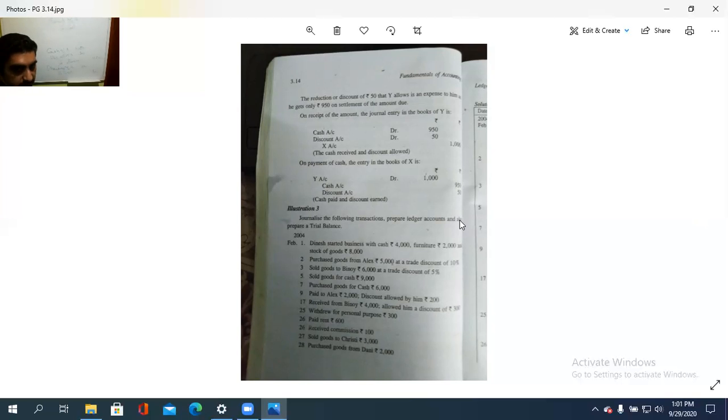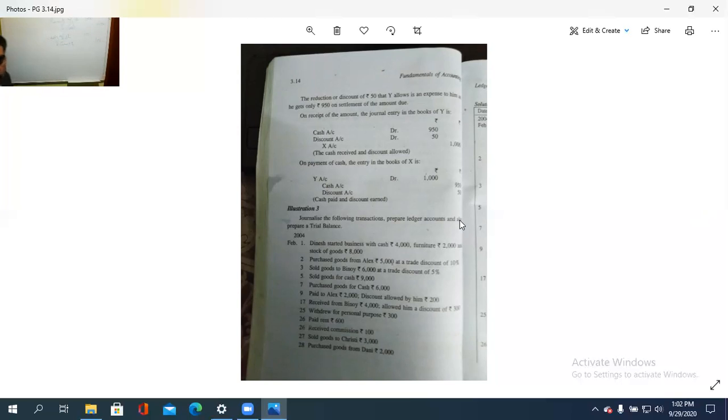How much is it? 600. Then received commission. So cash is received in the form of commission. So cash account debtor to commission account. How much is it? 100.